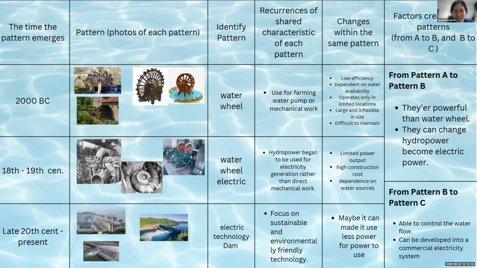What are the developments? Here you mentioned low efficiency and difficulty to maintain, for example, but you didn't mention whether there was any change. For example, at the beginning we built a small one, and then we were able to build a bigger one that can carry water from the river to some place for us to use.